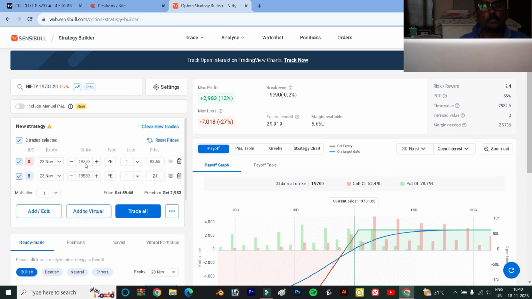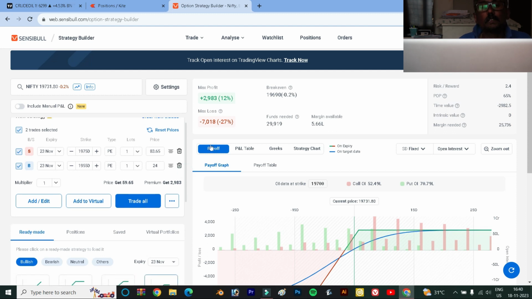Now we will go to the other one, that is the bull put spread. In the bull put spread, we will sell at the ATM, so the selling price will be more.